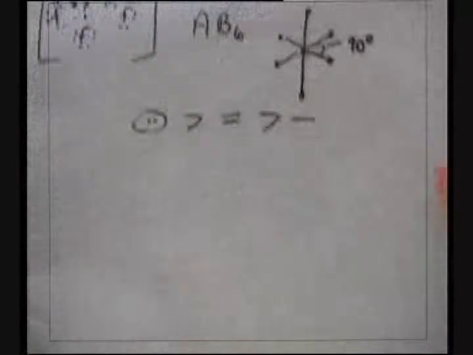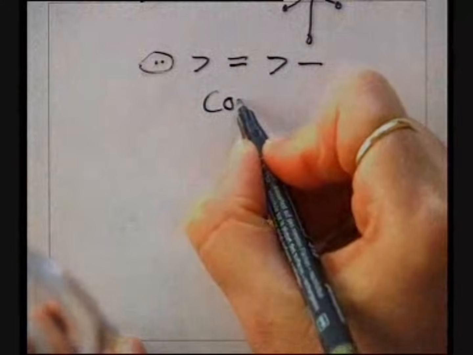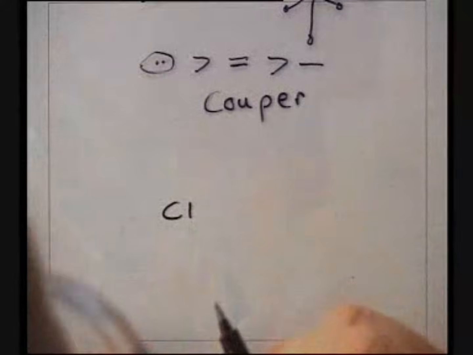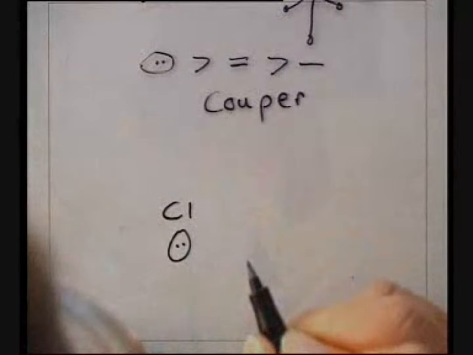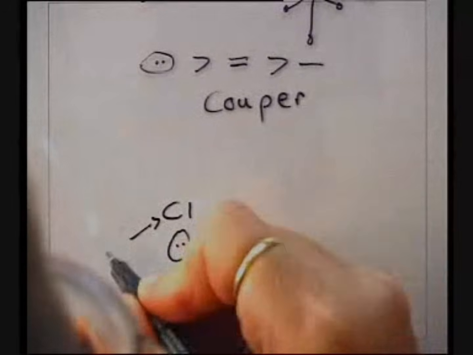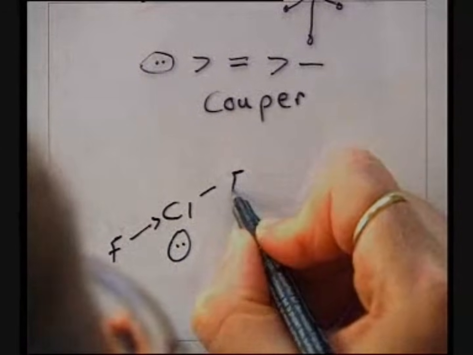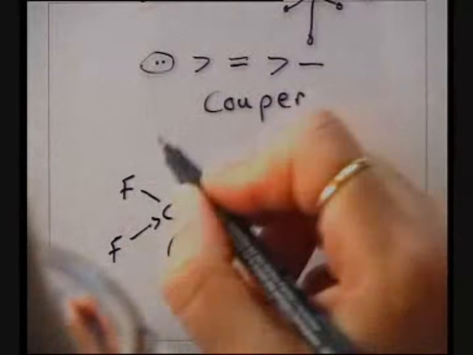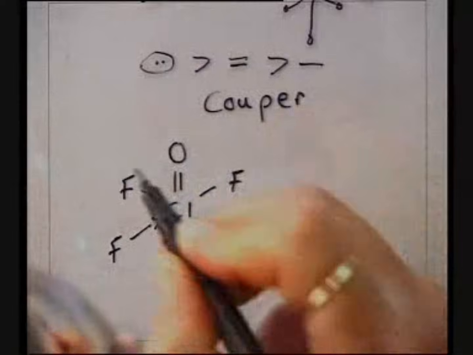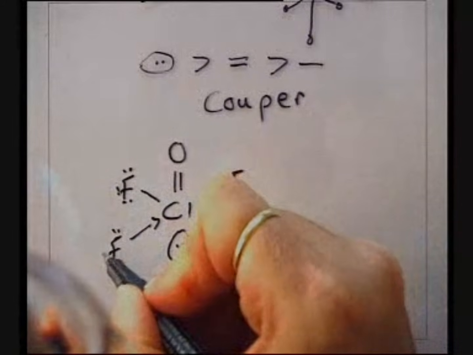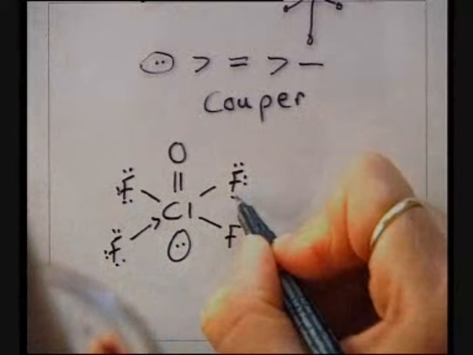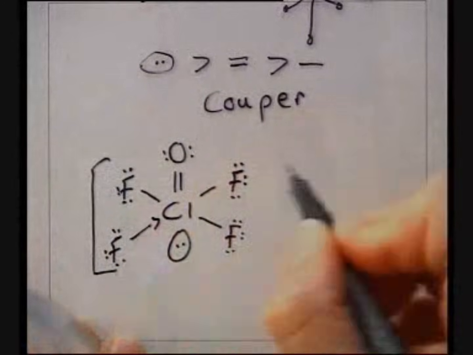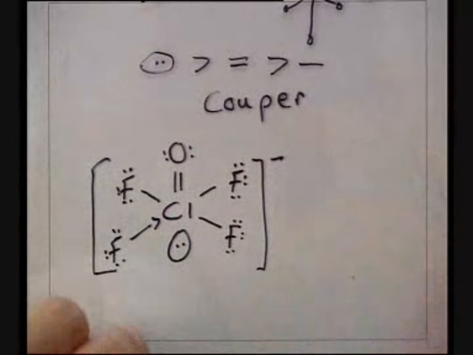We make use of Cooper or Cowper structures when we draw the molecular geometry. Central atom chlorine, lone pair, one fluorine atom with a dative covalent bond, the other fluorine atoms single bonds, double bonded oxygen. Brackets, indication of the charge on the ion.